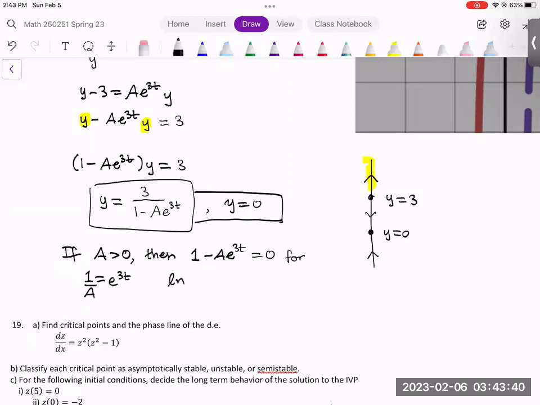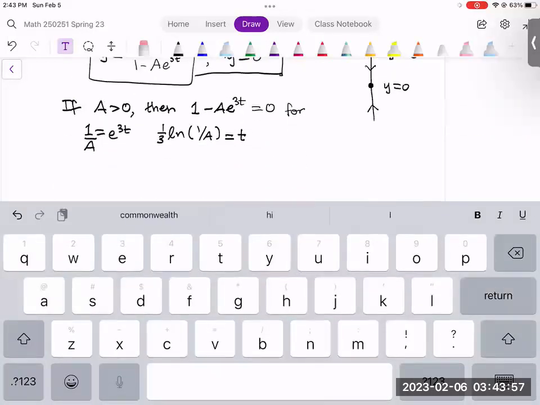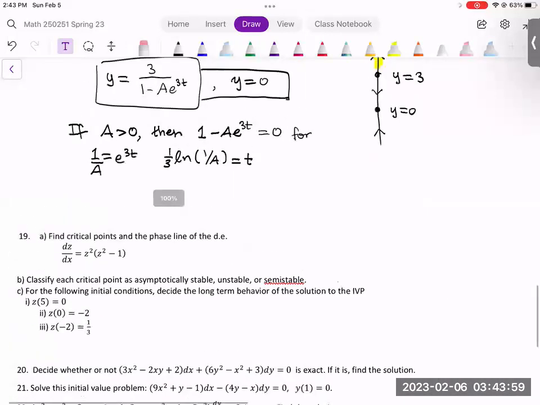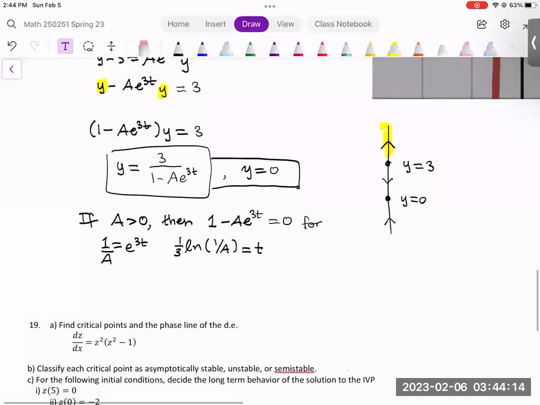So we have that the natural log of 1 over a times 1/3 is that t value. So we'll have a vertical asymptote at this t value. And so instead of being able to actually take the limit as t goes to infinity, our solution will go to infinity on a finite interval. So we're going to have a vertical asymptote here.